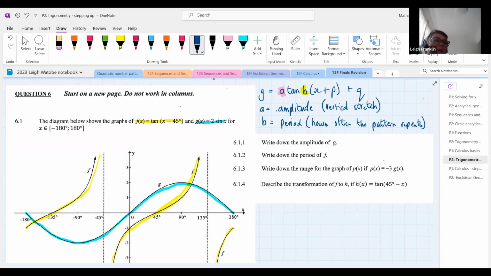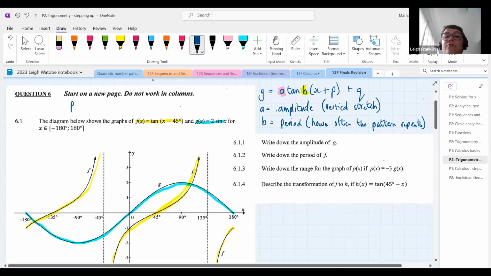But if the value of b is 2, then the sine graph is repeating itself twice in 360 degrees. What is the period of a tan graph? 180, absolutely. It would normally repeat itself every 180 degrees.